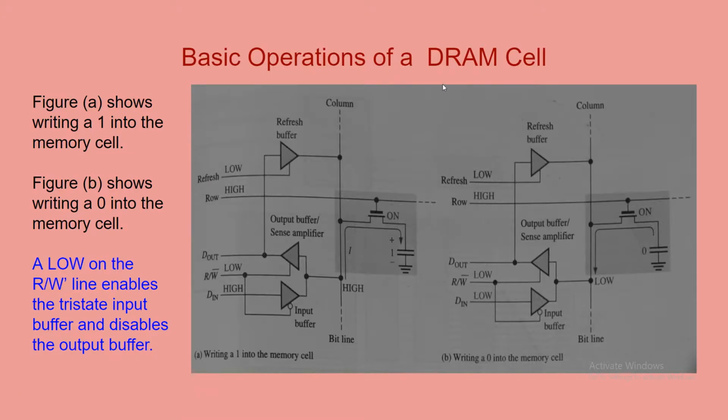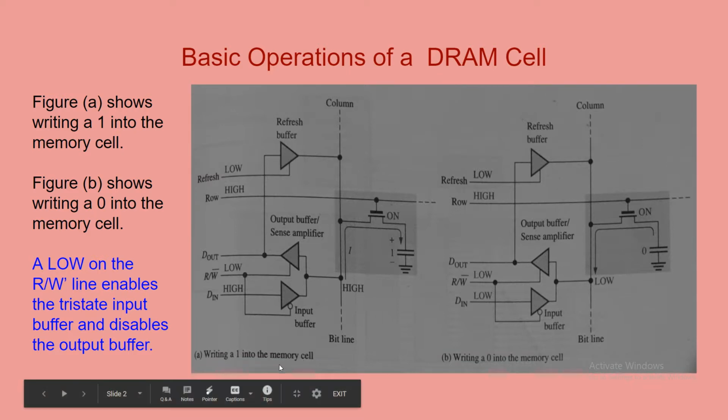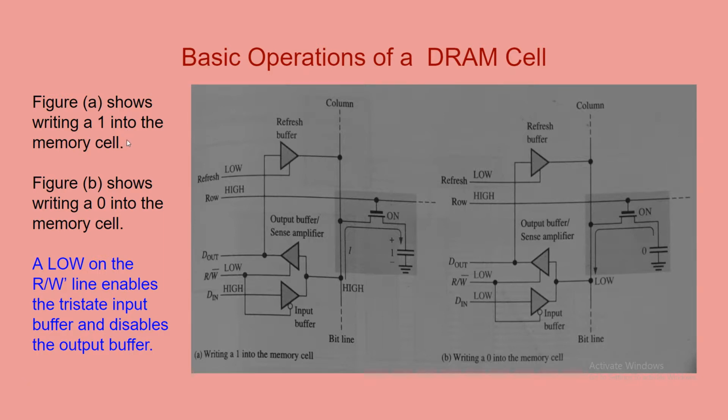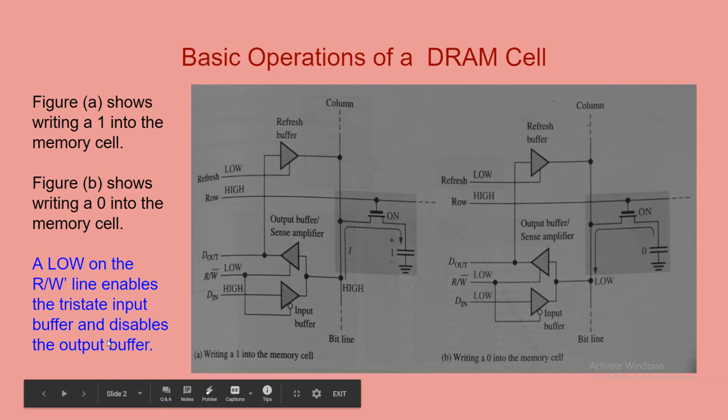The basic operations of a DRAM cell are explained here. There are two figures, figure A and figure B. Figure A shows writing a 1 into the memory cell. A low on the read-write line enables the tri-state input buffer and disables the output buffer.